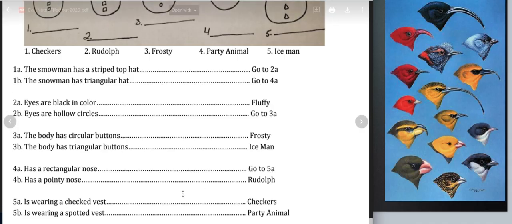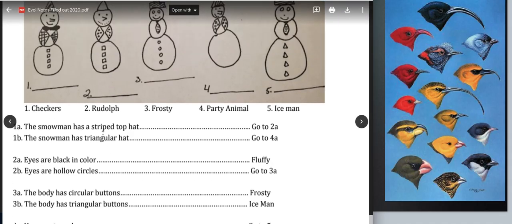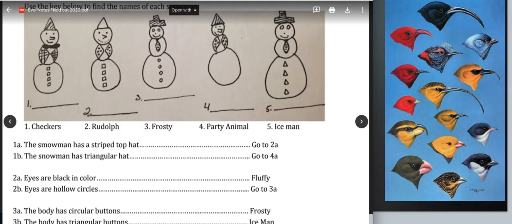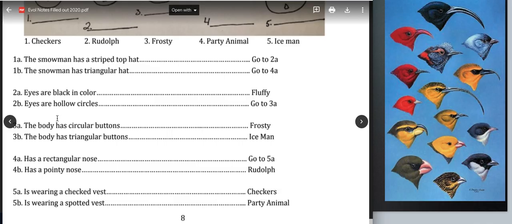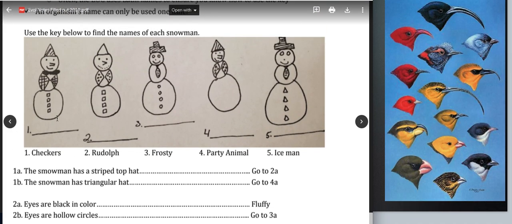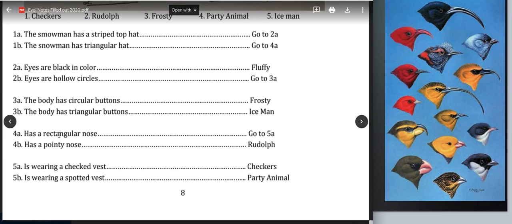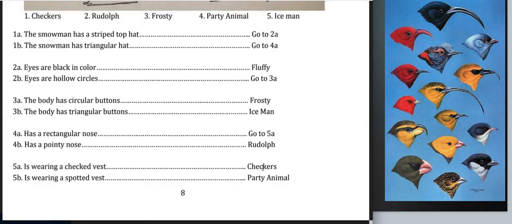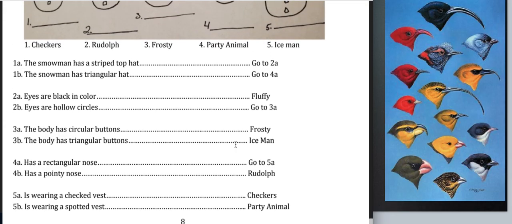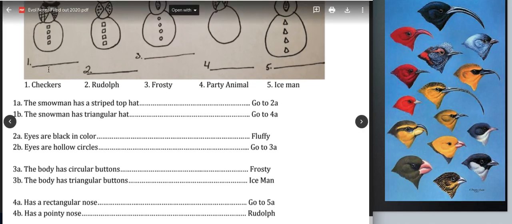I'm going to go to 5A. Okay, so is this snowman wearing a checkered or a spotted vest? So this is a checkered vest. Okay, so the name of this snowman is Checkers. So snowman number 1 is Checkers.